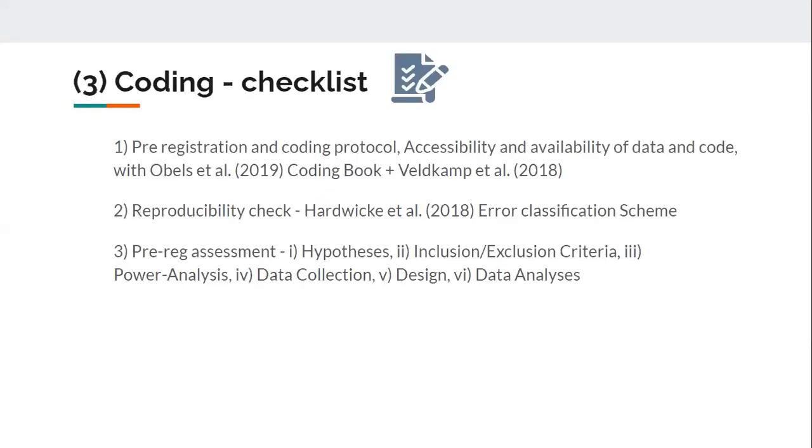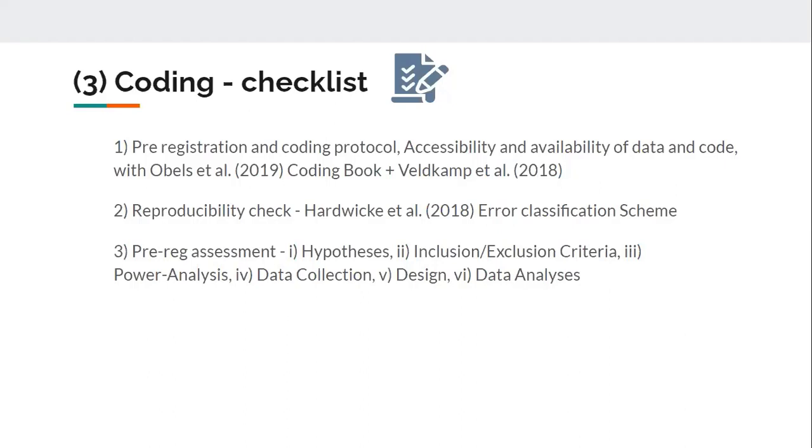Now we'll talk about coding. So coding includes 3 parts: pre-registration coding protocol, specifically whether the data is available, can be accessed, can be downloaded completely, with reference to Obels et al. 2019 analysis of open data and computational reproducibility in registered reports in psychology.